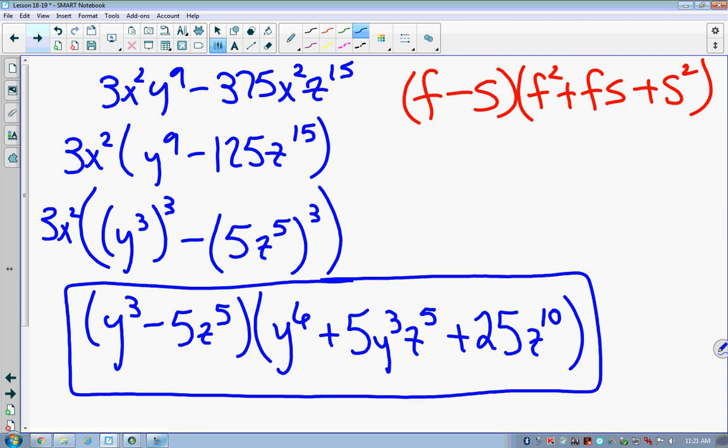Okay? But this is the form of the answer on every difference of 2 cubes question. Okay? What's an S? S means second term. Okay, so first term, second term.